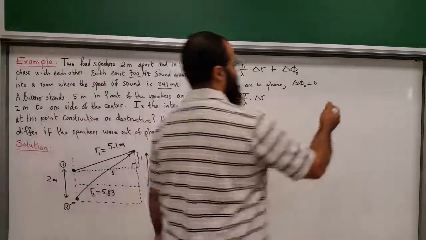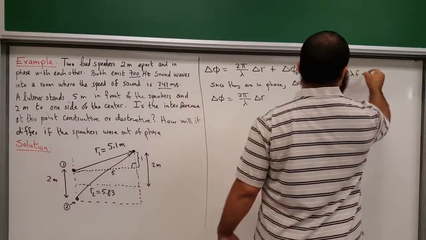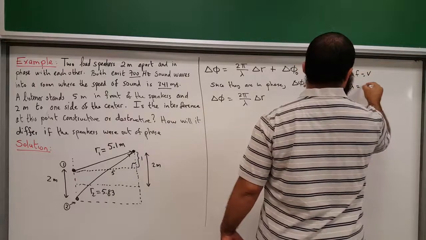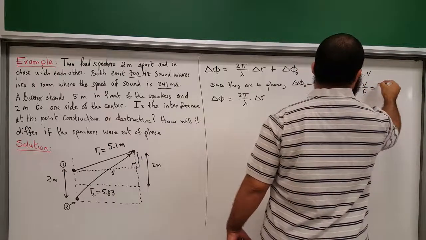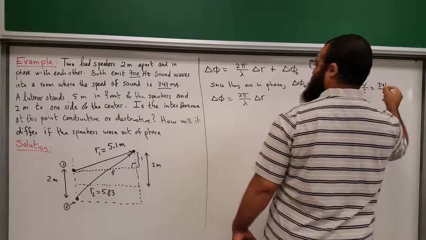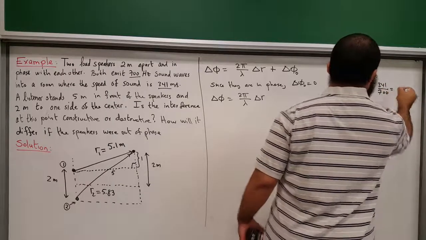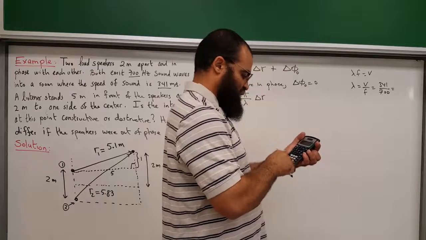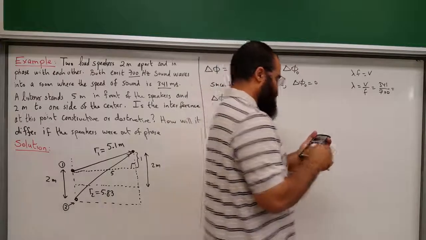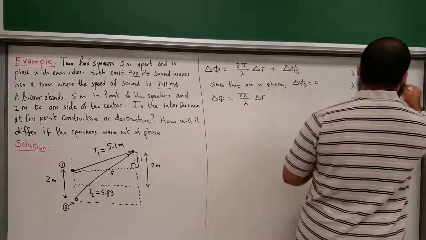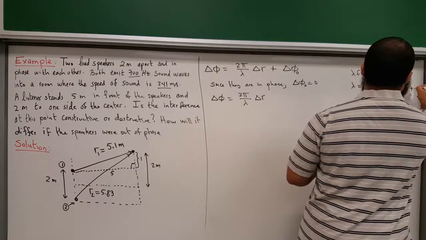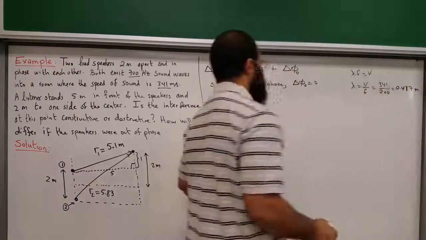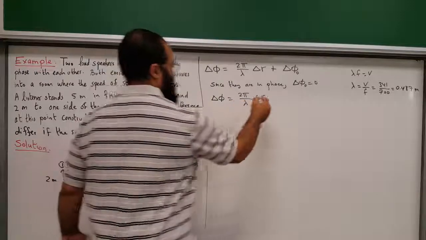Lambda times f is v, so lambda will be v over f, that's 341 divided by 700. That gives me 0.487 meters. That's the wavelength.